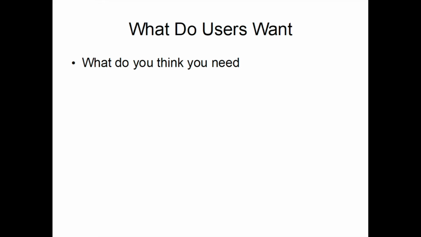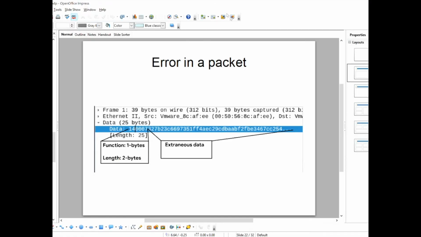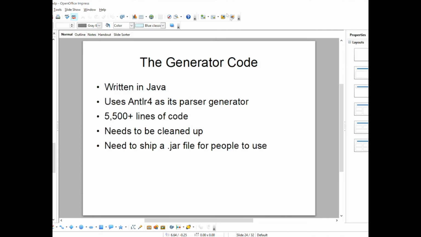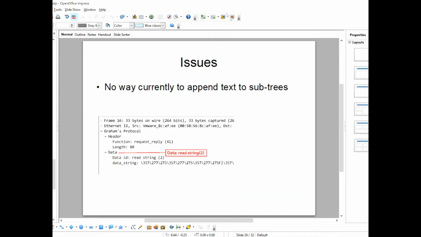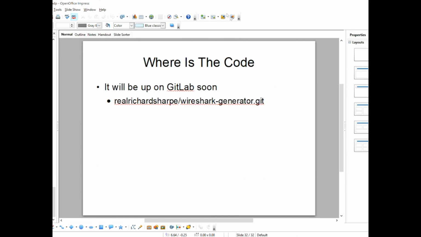Anyway, I'm seeking feedback. If you've got any ideas on what you think might be needed, I'd be interested in hearing them. You can send email, and I can tell you my email address if you need it. And the code, when I clean up that last bug that I need to clean up, will be up here.